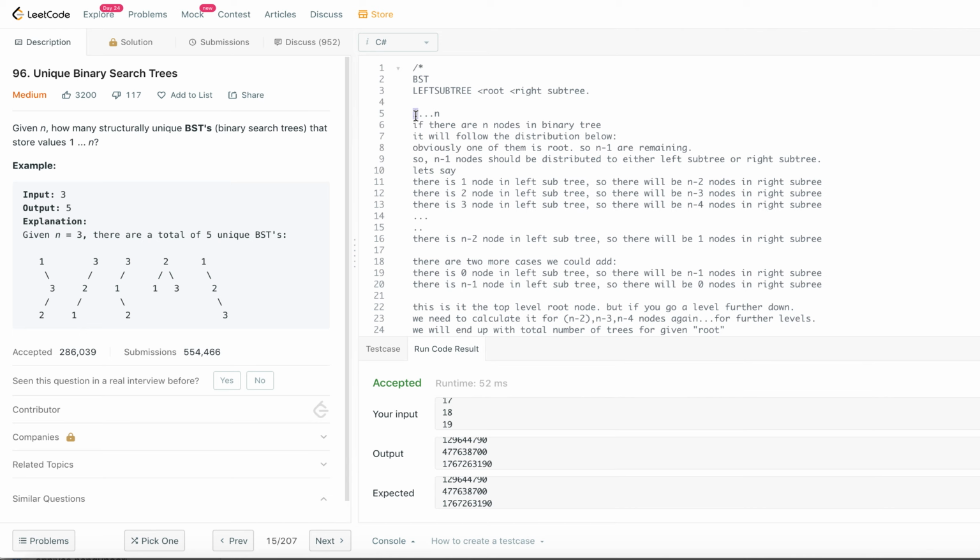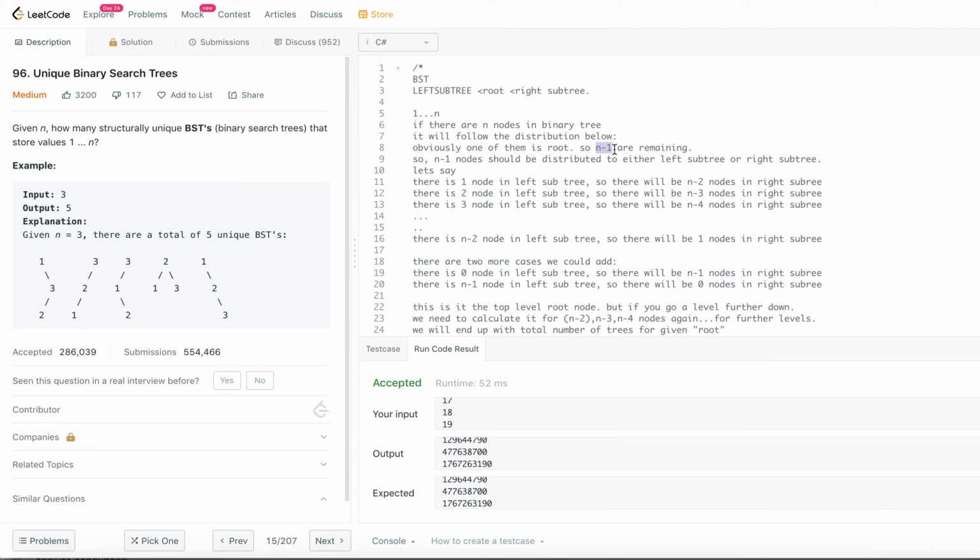But if there are n nodes, that means one of them is the root node, and there are n minus 1 remaining. One we already allocated to the root, so n minus 1 nodes remain. Now our task is to distribute these n minus 1 nodes into the left subtree and right subtree.